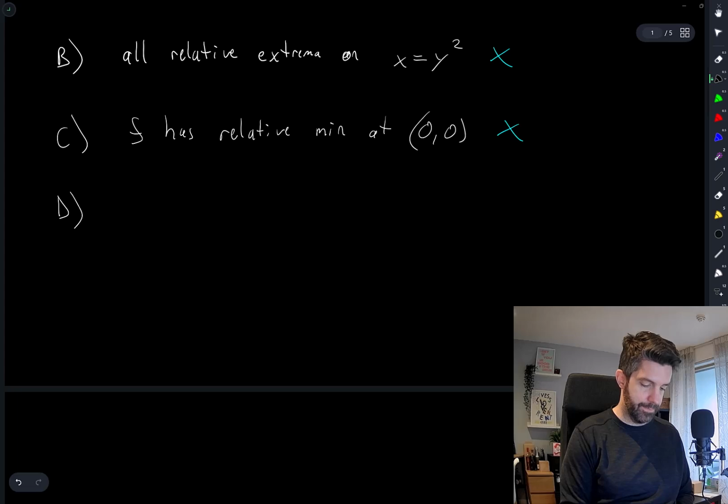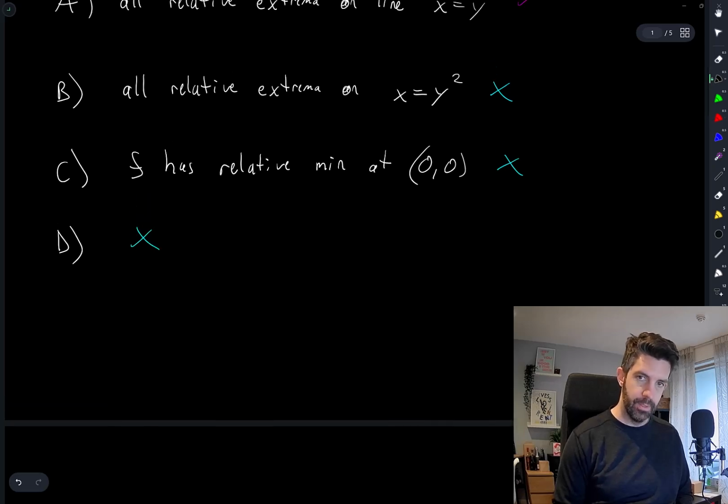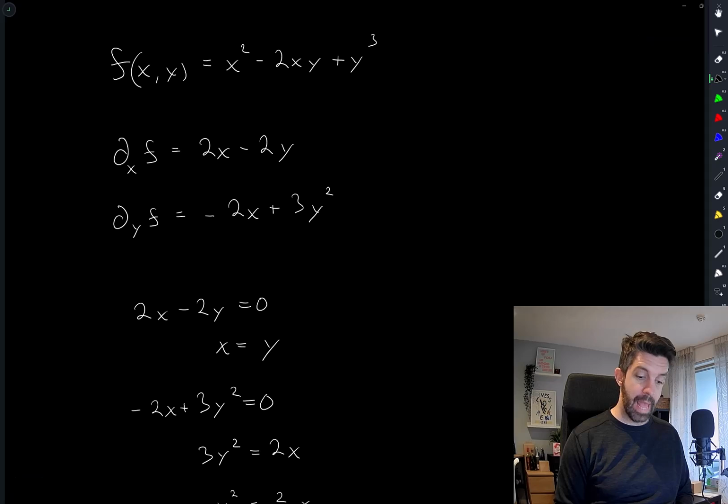Option D. f has an absolute minimum at 2 over 3, 2 over 3. This is instantly wrong. We know that because I can make f arbitrarily large and negative.